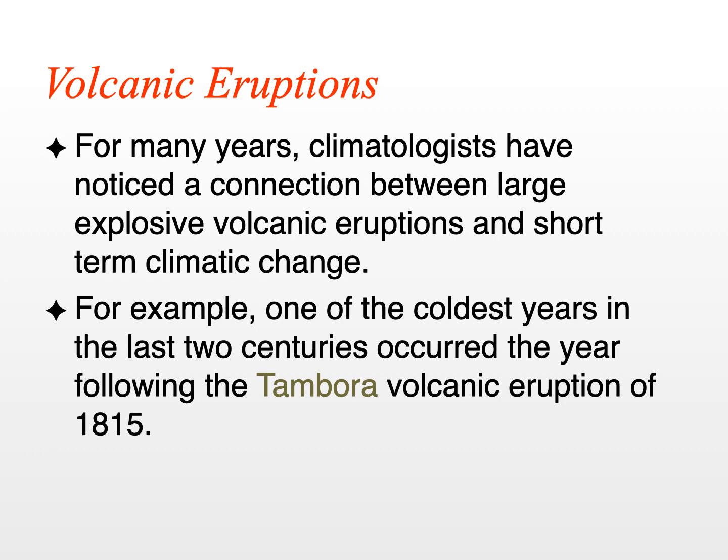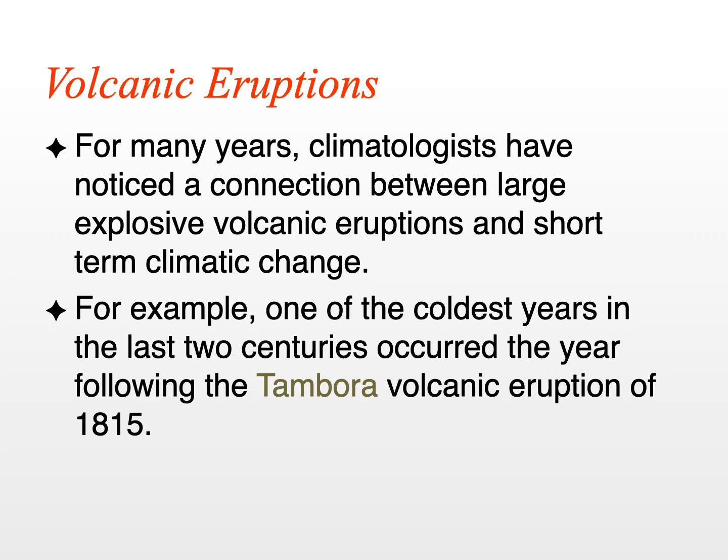And early on, even in the 19th century, scientists noticed that after a large volcanic eruption, especially if it occurred near the equator, you would get cold years following the eruption on the planet, cold summers.